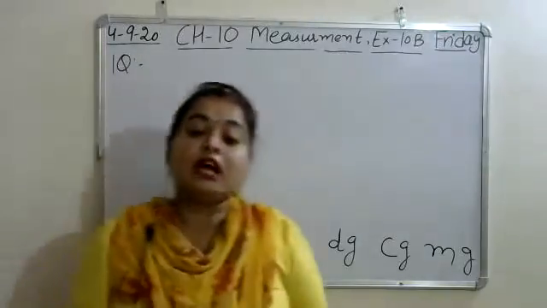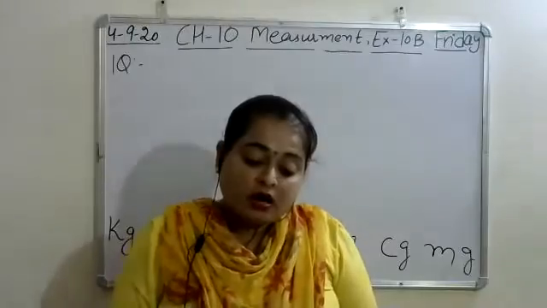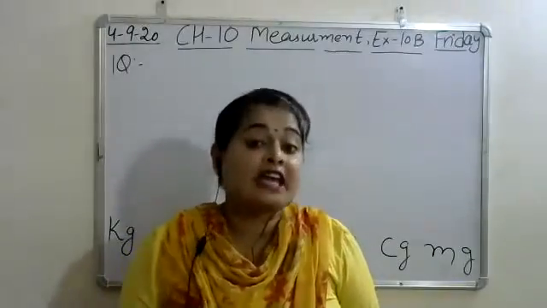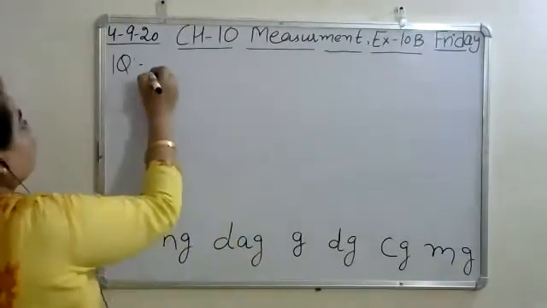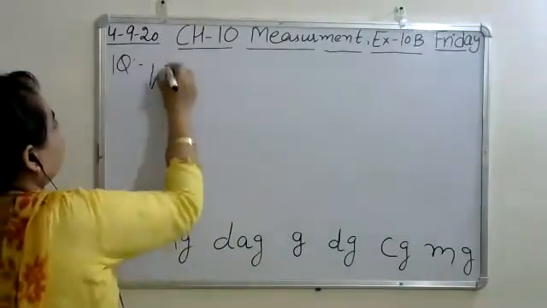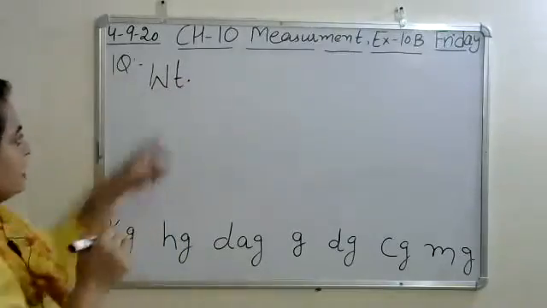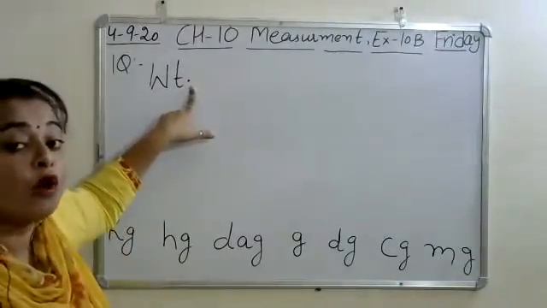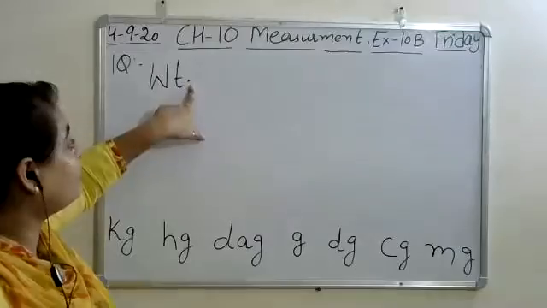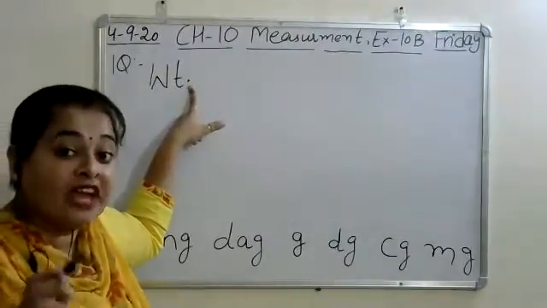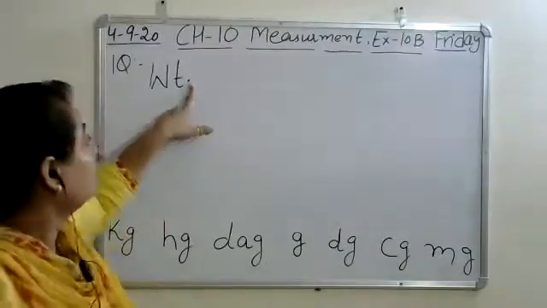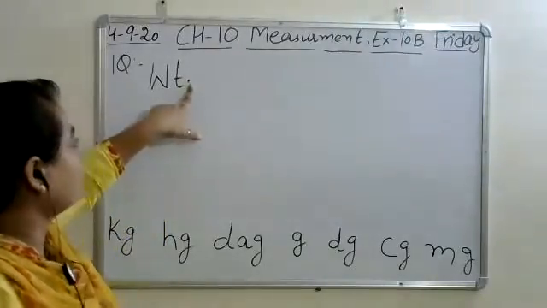The question is, Tanu's weight is 45,000 gram. This is given in the question. So weight of Tanu, WT dot, is a short form of weight. This dot is compulsory. I am repeating, whenever you write weight in shortcut, this dot is compulsory.